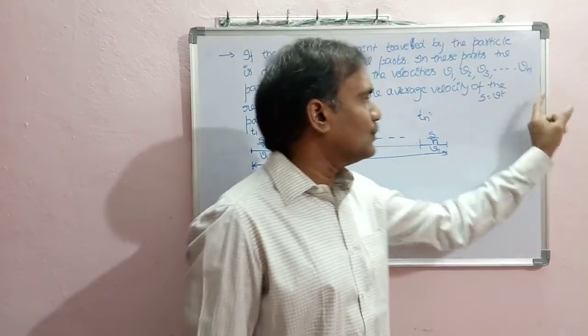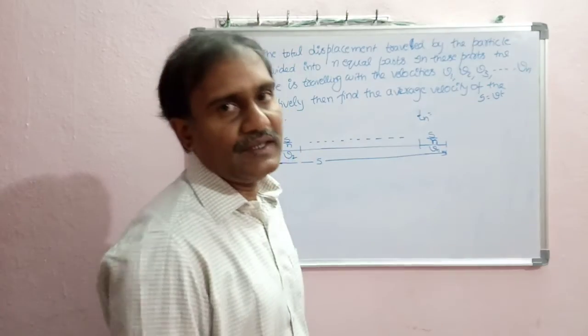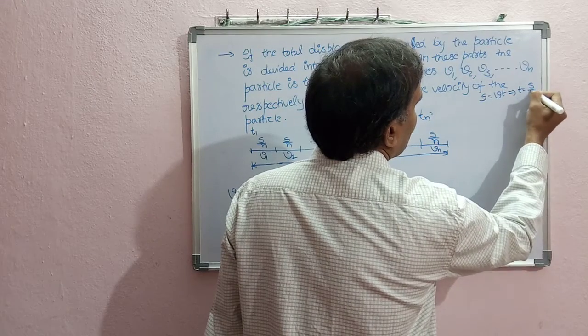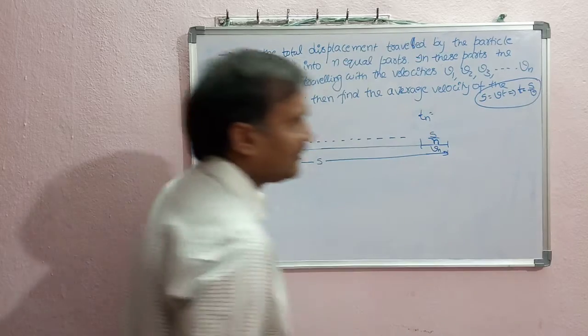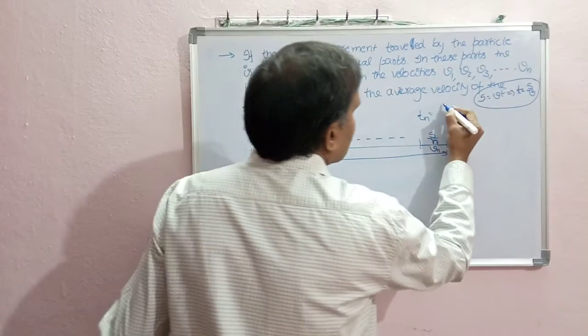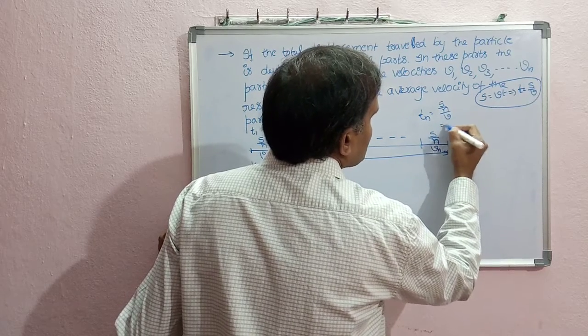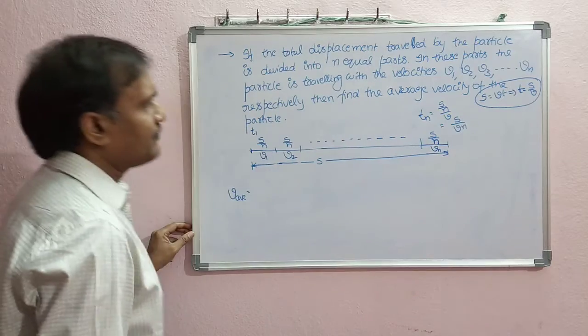Therefore, S is equal to V into T, therefore T is equal to S by V. Tn becomes S by N divided by V, which is equal to S divided by V into N.